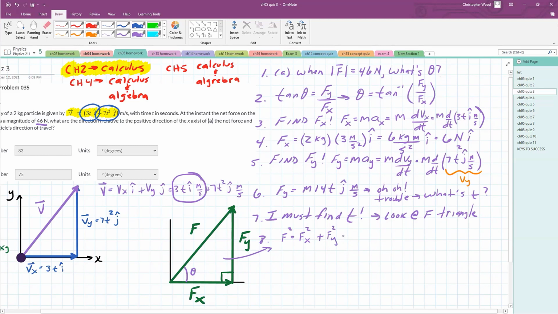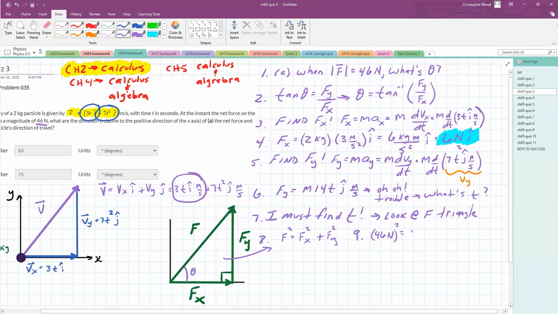So I'm just going to do step number 9 right here. F squared is 46 newtons squared equals Fx squared. Here was my Fx right there.